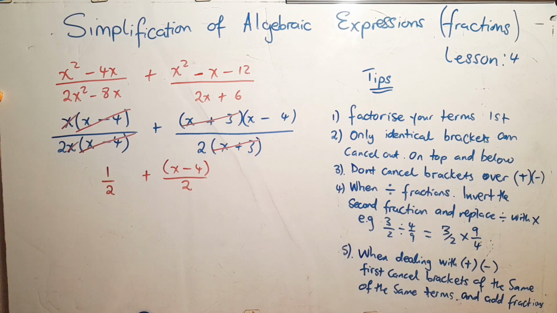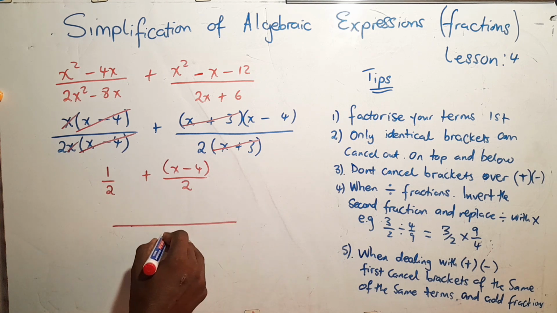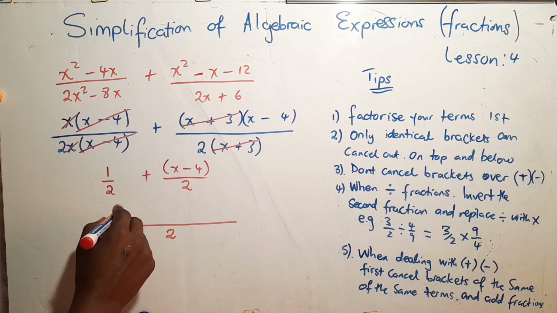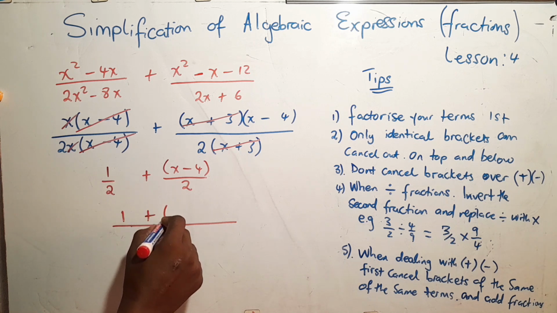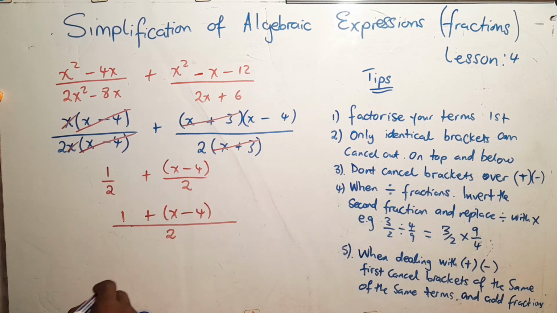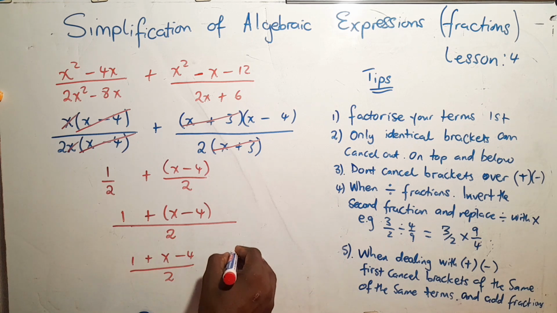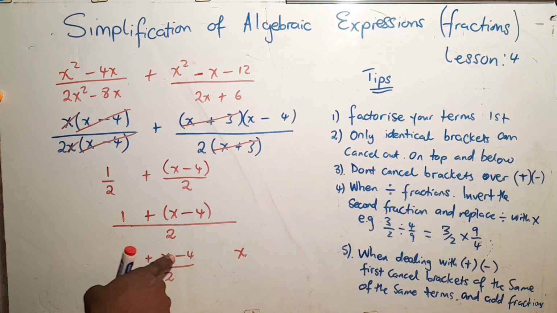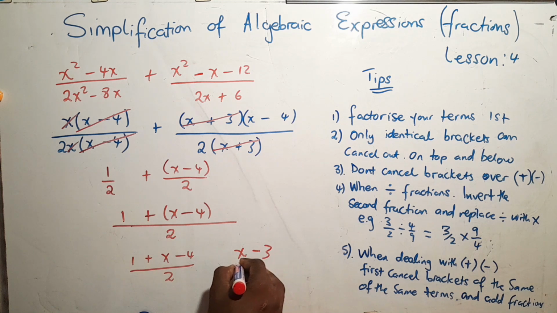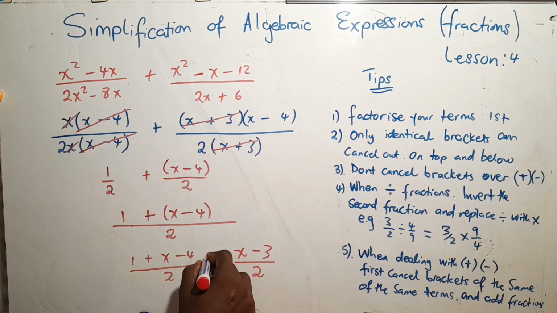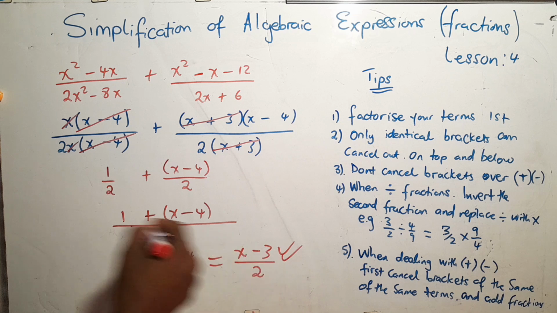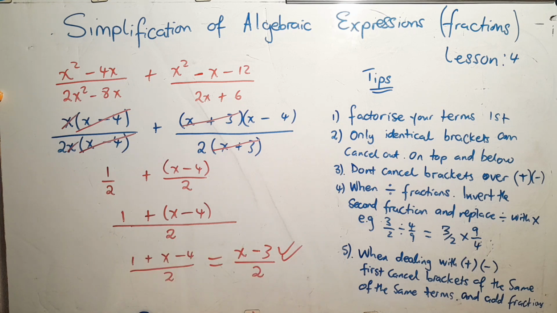So now we are having fractions that are adding with the same denominator, so we can put that under the same denominator, which is 2, and this will be just 1 plus x minus 4 all over 2. So we can add the like terms there, so this will remain as x, and 1 minus 4 is negative 3, all over 2, and it is simplified like that.